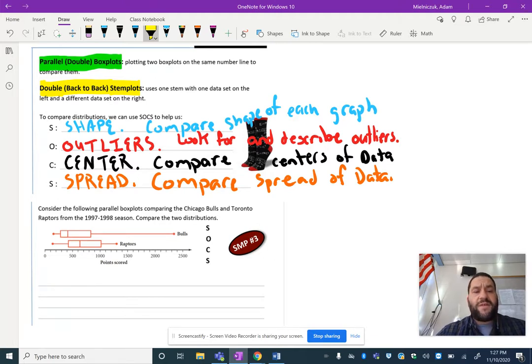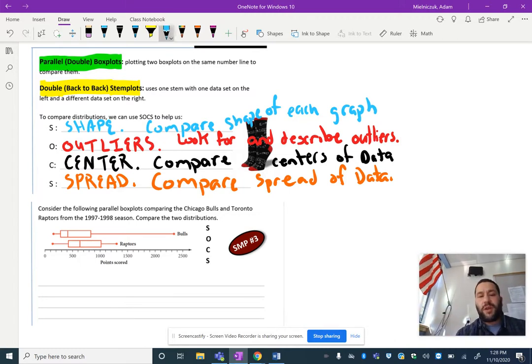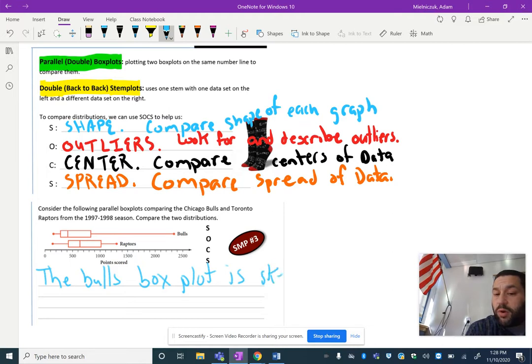It says, consider the following parallel box plots comparing the Chicago Bulls and Toronto Raptors from the 1997-1998 season. Compare the two distributions. So let's use our checklist. Let's first compare the shape. And we should see that the Bulls box plot is skewed to the, where's the tail?